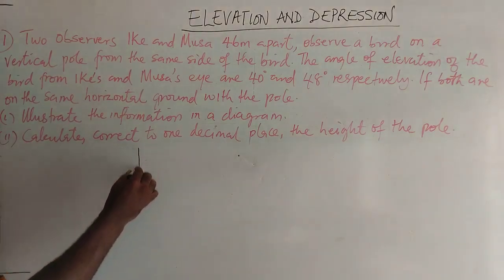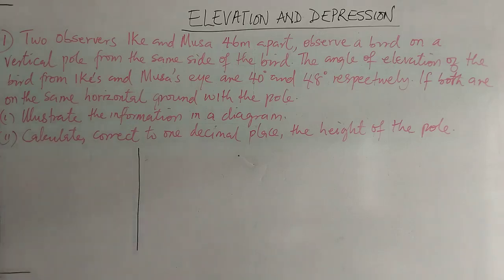we'll take this to be the vertical pole. Then the two observers, Ike and Musa. Ike is here, Musa is here. And the question says they are on the same horizontal ground.